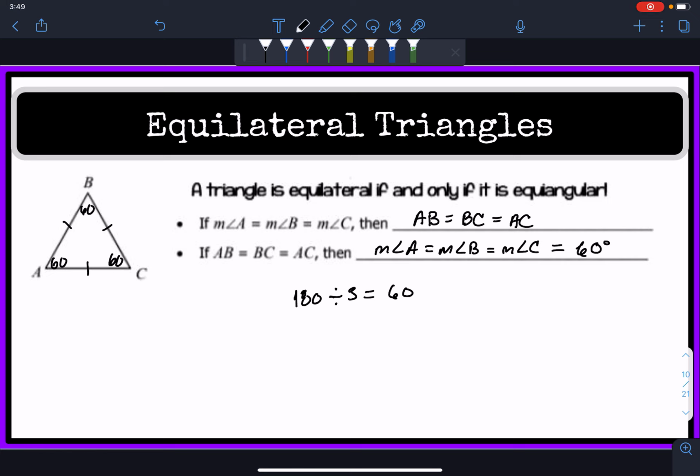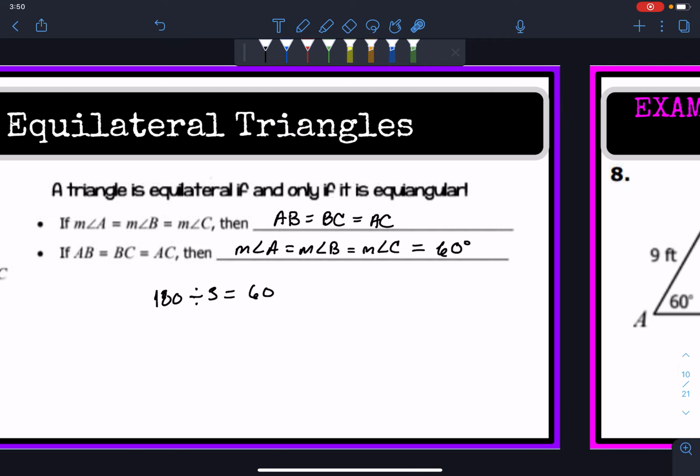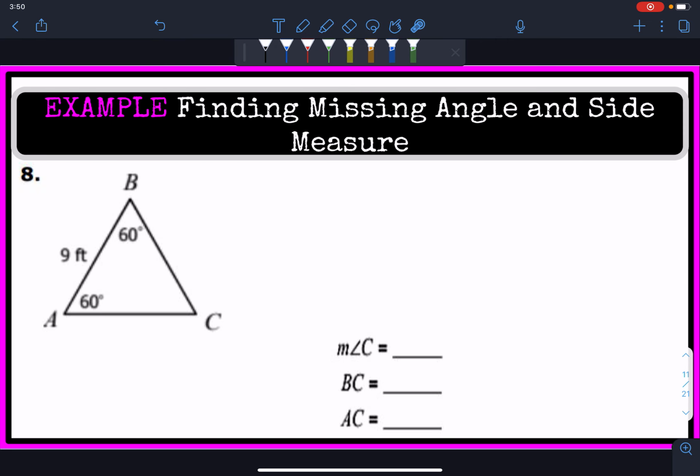So that makes it a little bit easier to set up equations, because if I know we have an equilateral triangle and I am missing this angle, then I know it has to be set equal to 60. So for example, the measurement of angle C has to be 60 automatically, because it's an equilateral triangle.